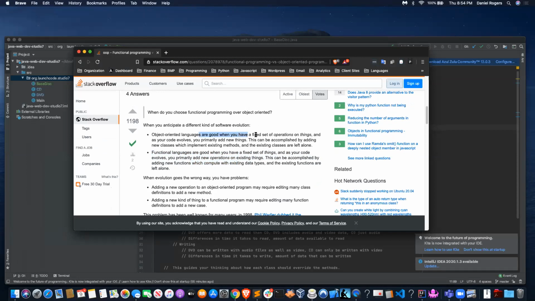Object oriented is good when you have a fixed set of operations. So how things are moving in WordPress, when people relied on themes to do everything, or a majority of things, you kind of had to do it functional because you just kept adding on to things.